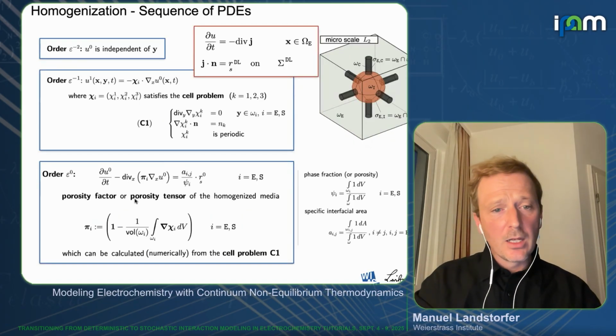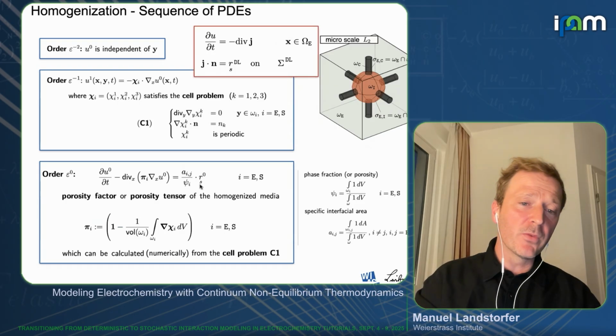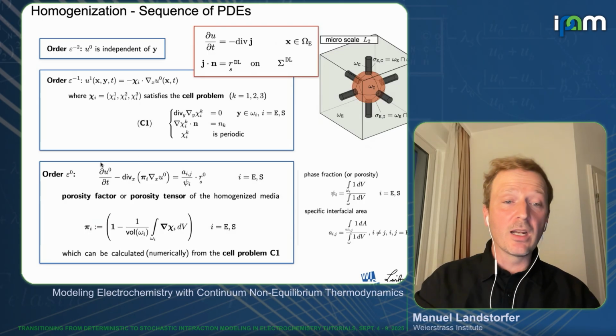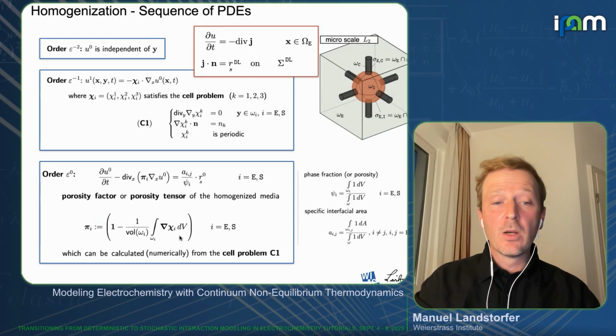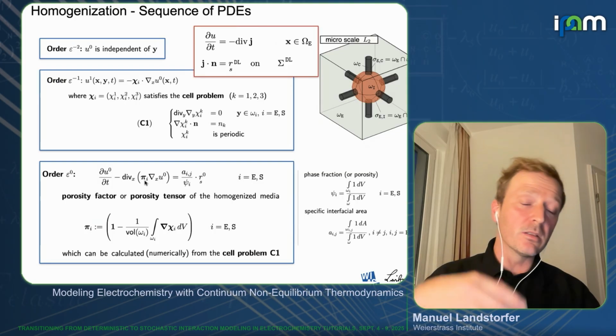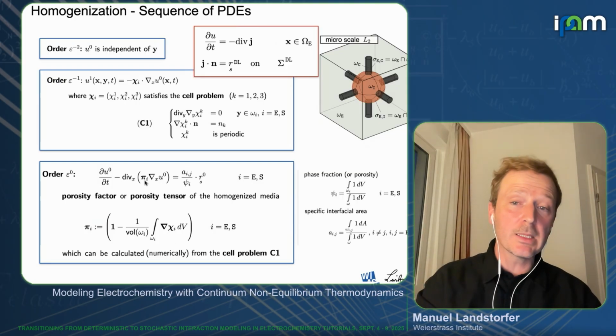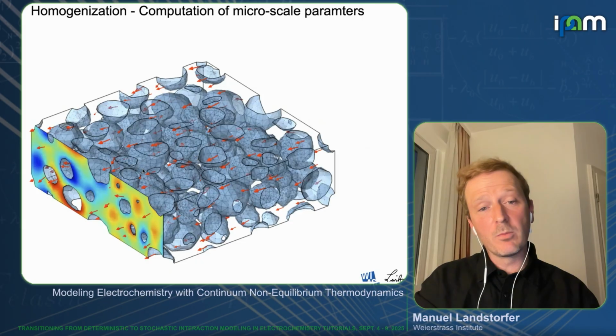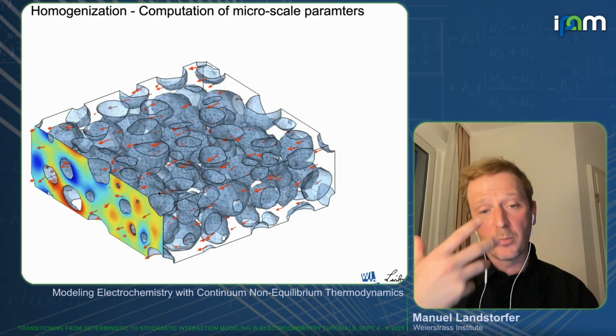Maybe this is a little bit too much, but for people in battery research, this in the end looks a little bit like a Newman type model, where this guy here is the diffusional corrector, or sometimes called tortuosity, for a specific microgeometry. This can also be done, and has been done at our institute, for more complex geometries like real porous electrodes.